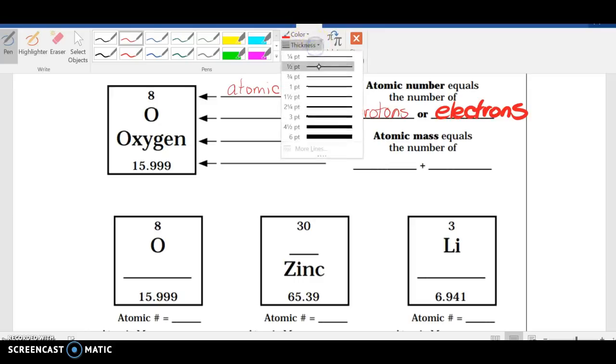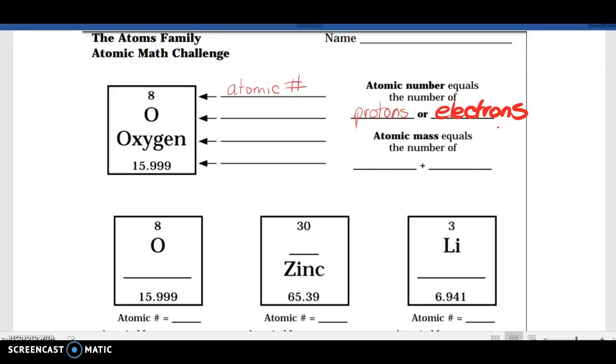Make that not so thick. There we go. All right. This O is the chemical symbol. This is the actual element.